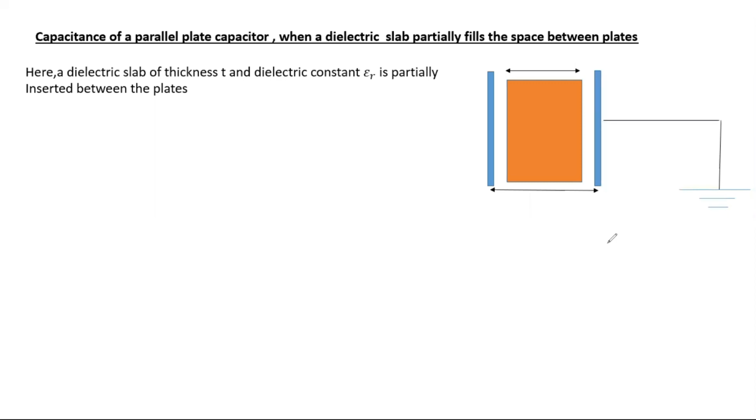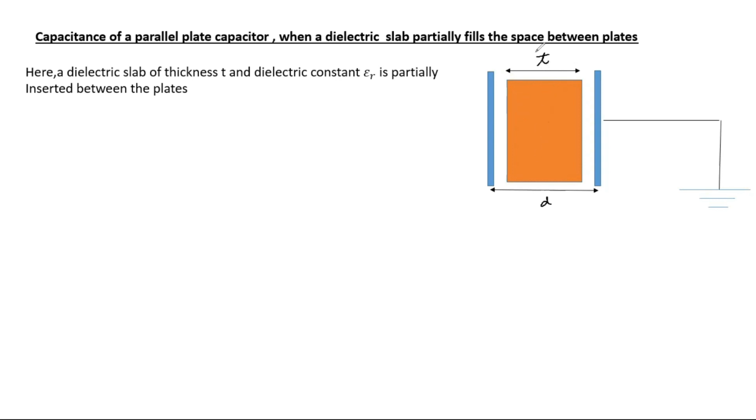Here we'll be finding the capacitance of this parallel plate capacitor, but we have inserted a dielectric slab, as you can see. This dielectric slab is of thickness t, and it is placed between these two plates, which are separated by distance d. All the other conditions will be the same as what we discussed a few minutes back. The only thing is that we'll be seeing two different electric fields.